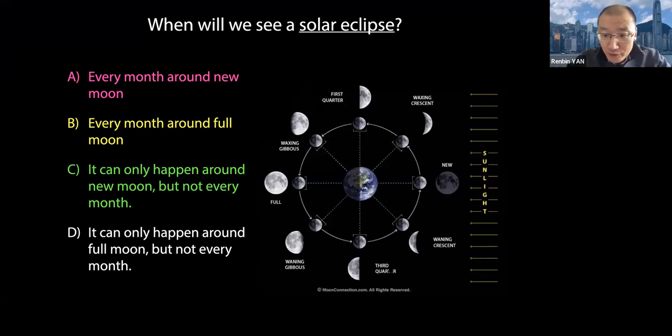Okay, most of you have answered, so I end it now and share the result. So the correct answer is the one that is chosen by most of you, and it can only happen around new moon, but not every month.